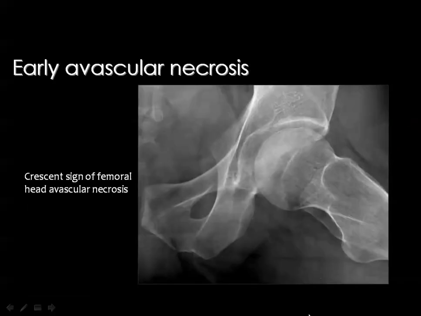Then earlier avascular necrosis will manifest by subtle changes which can be overlooked in the plain X-ray, and they include some fissures in the subcortical bone like this one, and you may appreciate some increase in bone density of the affected head.